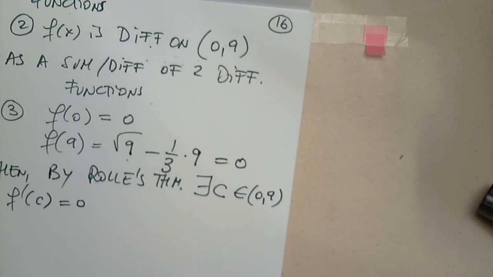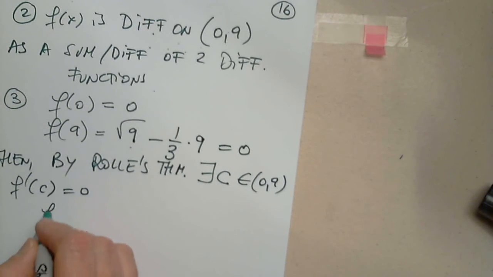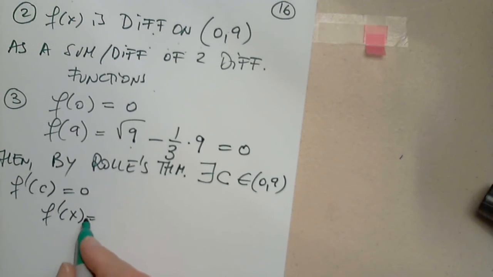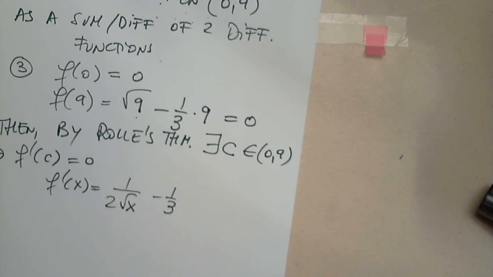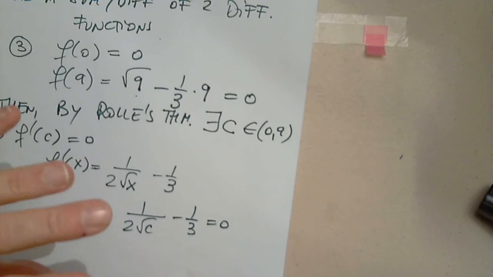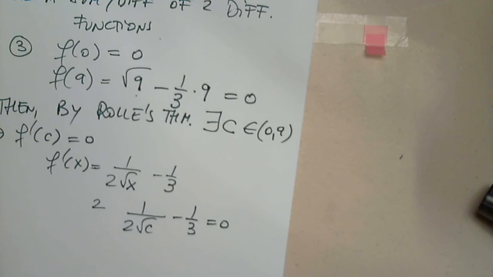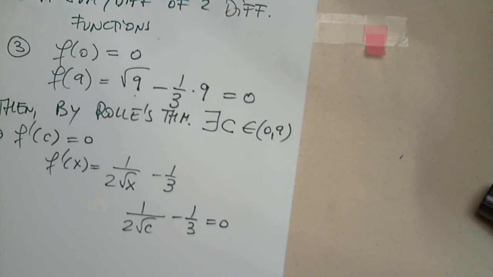Of course, I have to determine f prime of x first. And I get 1 over 2 the square root of x minus 1/3. Then I would write 1 over 2 the square root of c minus 1/3 equals 0. And then how do I solve this equation?